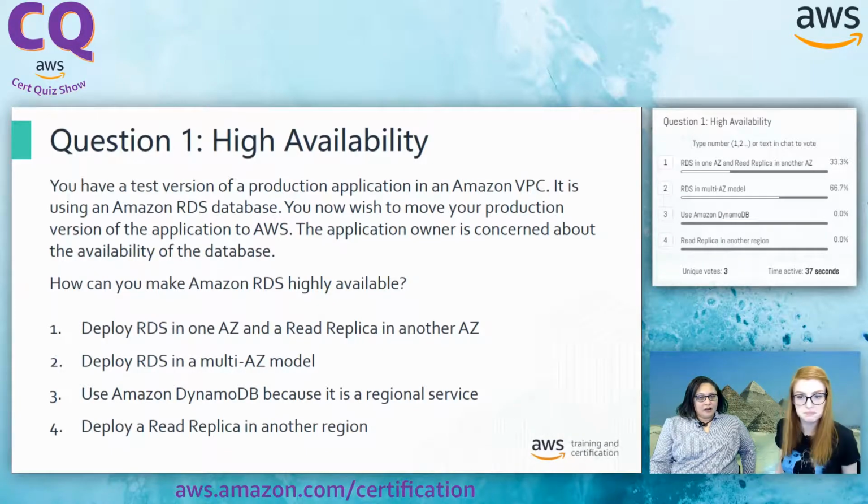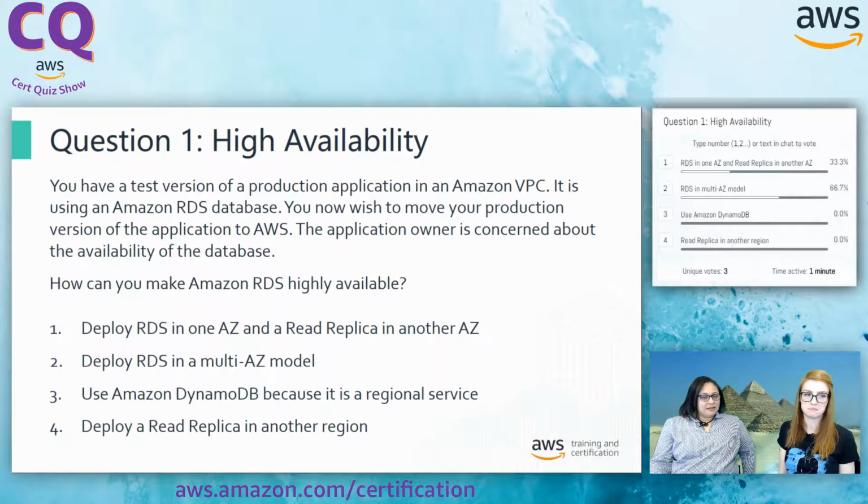When you look into RDS highly available, to have any highly available database, you've got to have at least 2 databases. So looking into the first option, deploy RDS in one AZ and a read replica in another AZ. You would deploy a read replica if you have an application that is read intensive. So probably that's not the best option for us.